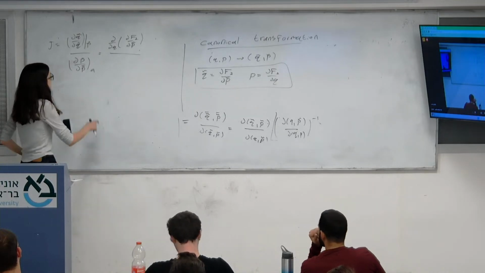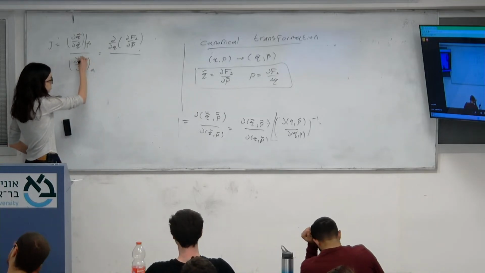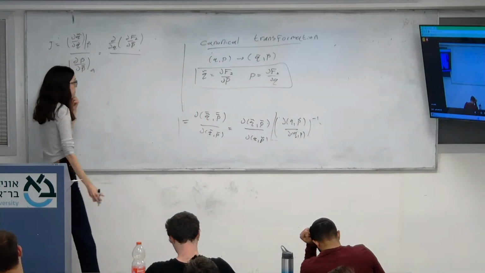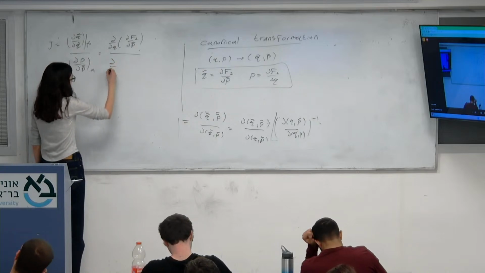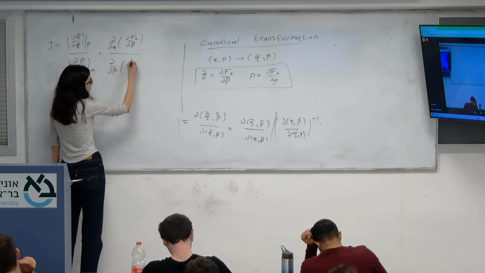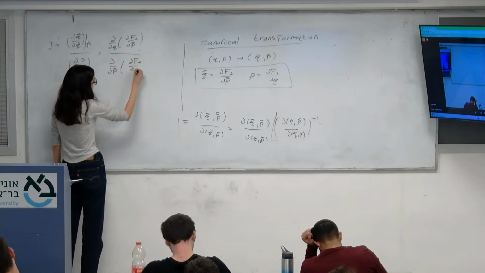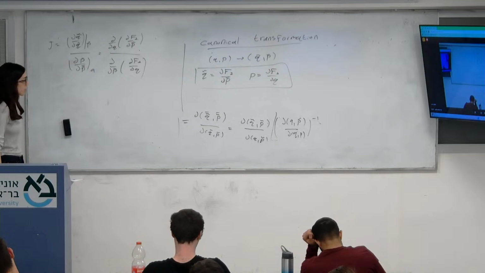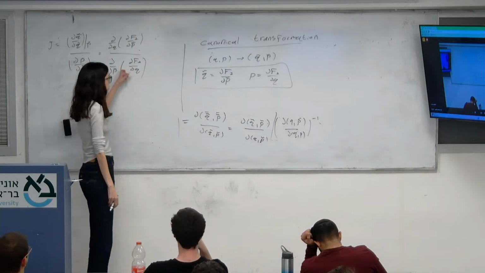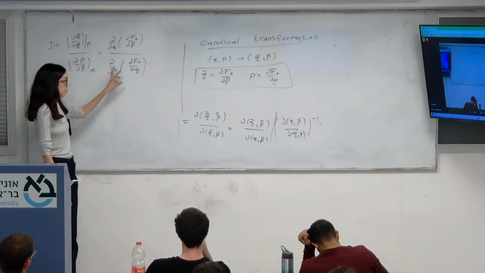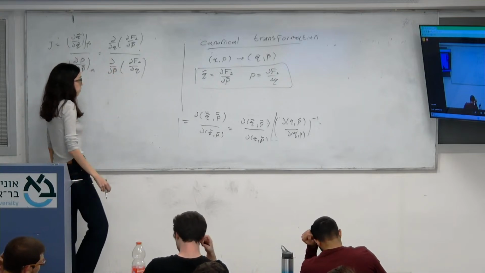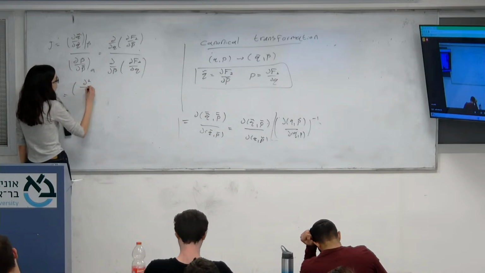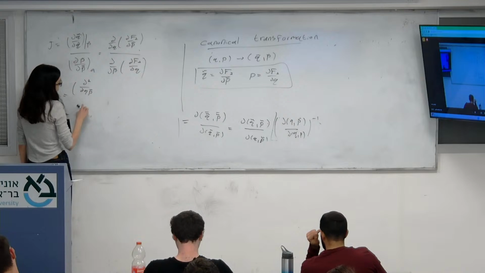And instead of P, I'm going to use the transformation with the derivative of F2 over q. So this is the derivative of F2 with respect to q. And because those are partial derivatives, I can always swap the order of the derivatives. So this is just like writing dq dp. Okay.